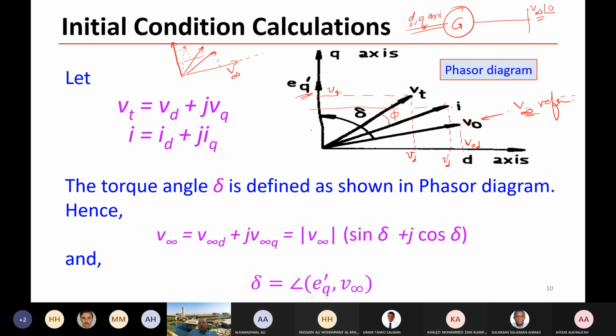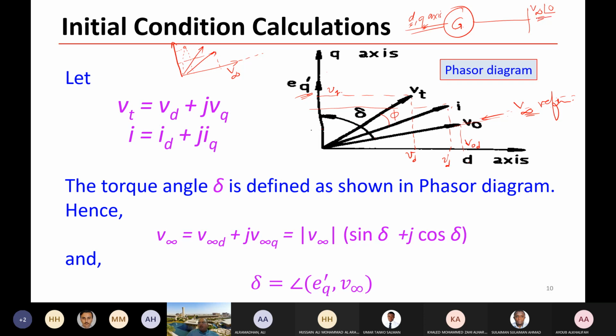But in this case, VT now is not VD, VQ, if we consider this as our reference. Yes. So we need to stick with the D and Q axis of the machine.